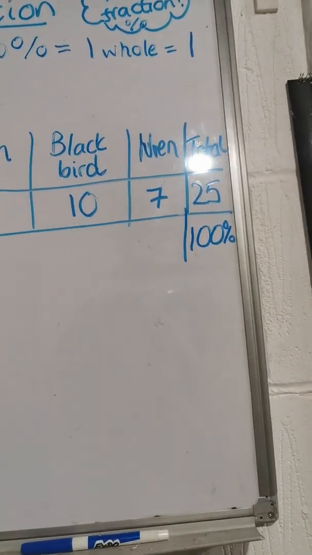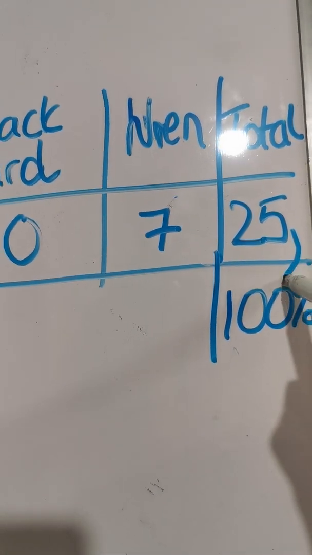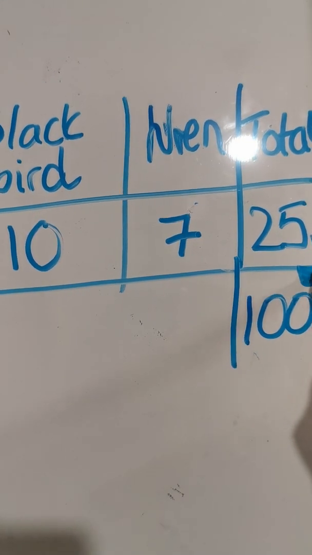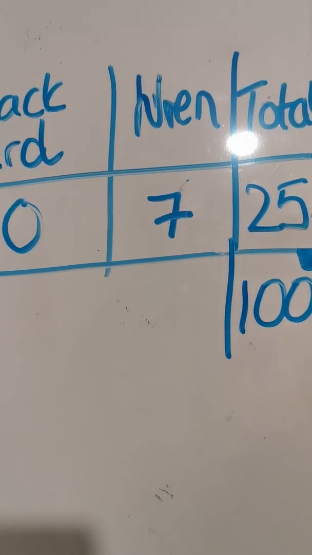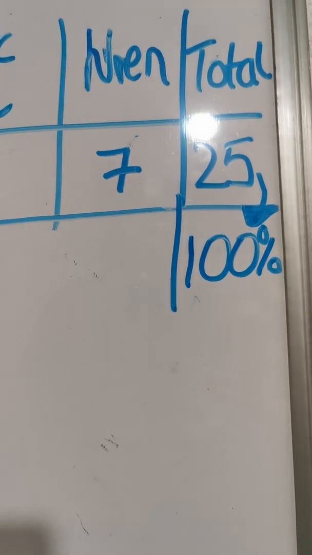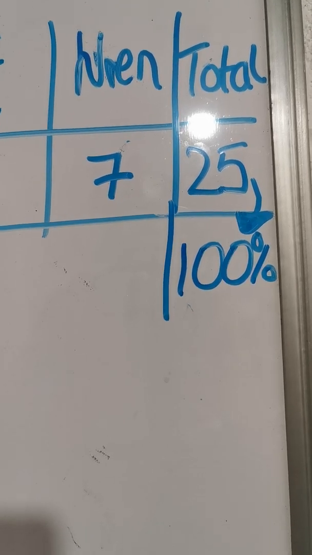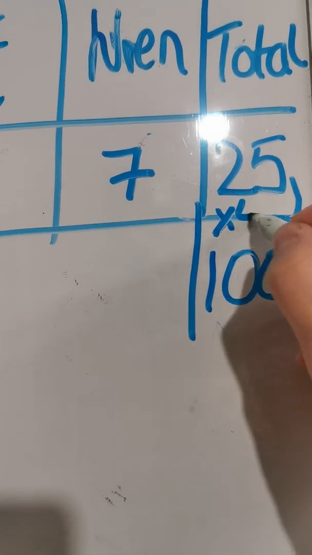So what do we do? Well, we know that there are 25 birds in total, and we need to think, well, what is the relationship here between 25 and 100? What's our multiplier? That's right, it's 4.